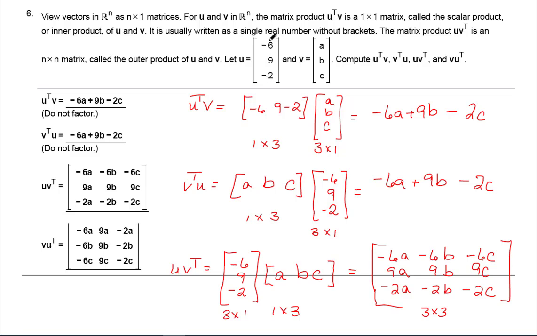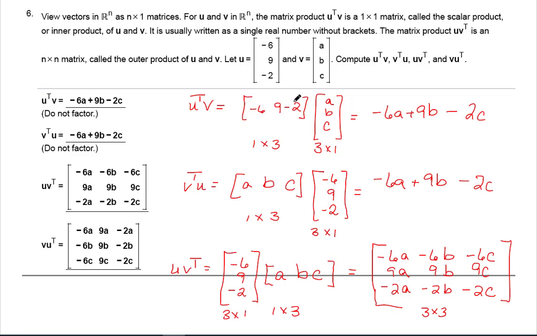I take the column, make it into a row. It's multiplied by V, which is ABC. So I've got a 1 by 3 multiplied by a 3 by 1. The resulting answer is 1 by 1, which is just a regular real number.